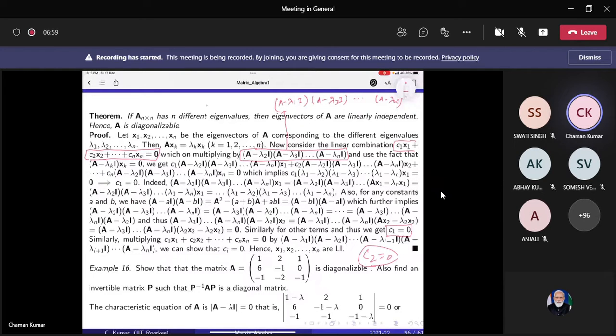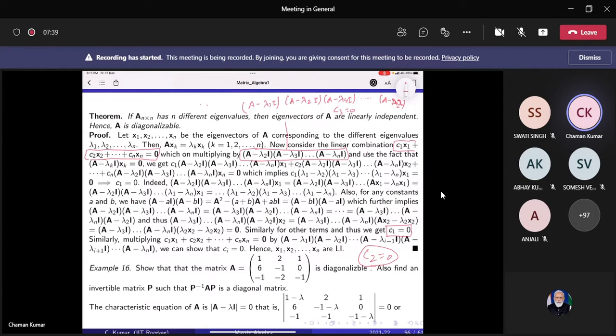Now if you want to show that C3 is 0, you do not include A minus lambda 3 I. So you have A minus lambda 1 I, A minus lambda 2 I, A minus lambda 4 I, and so on up to A minus lambda n I. With this, you will get C3 is equal to 0.